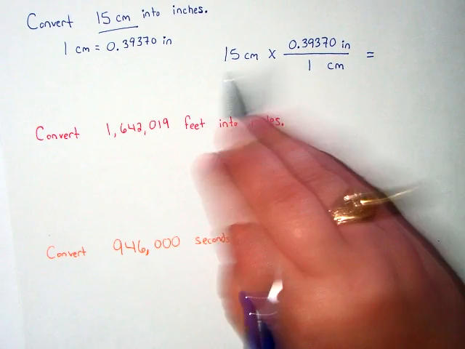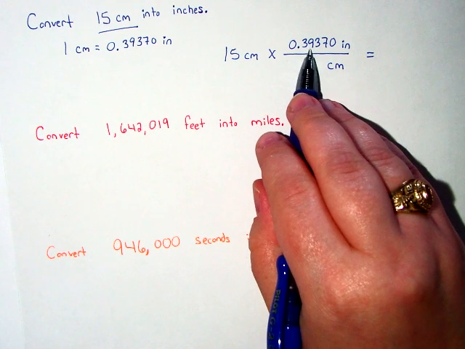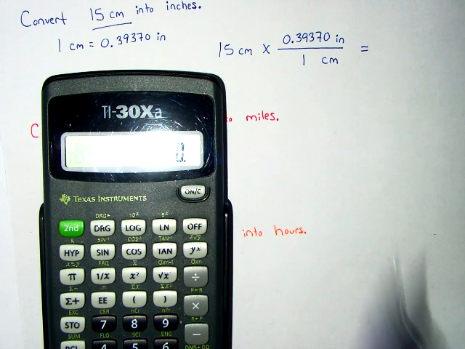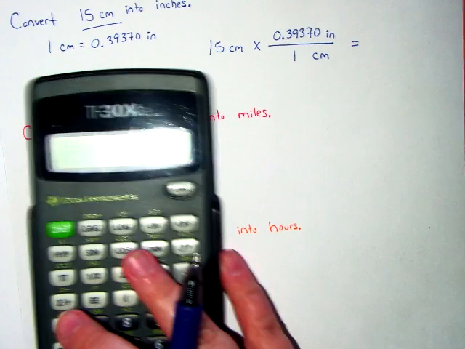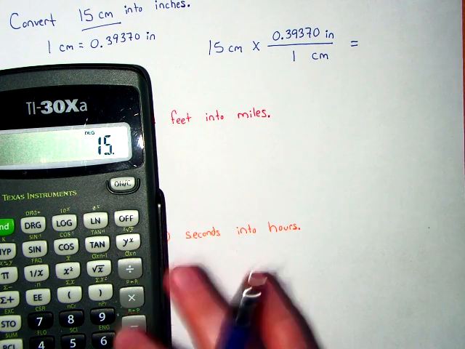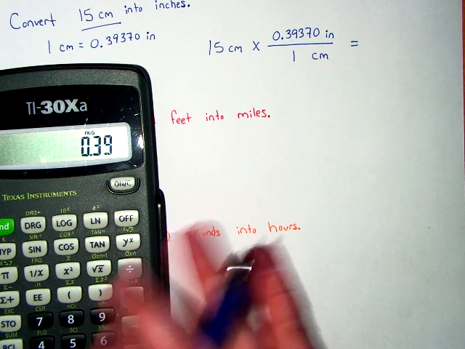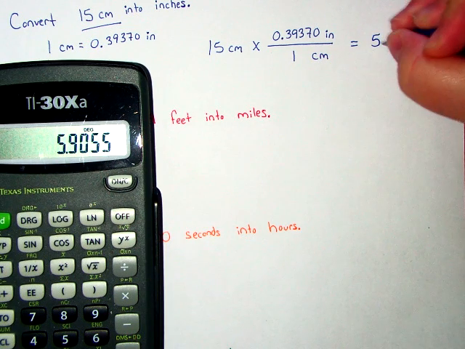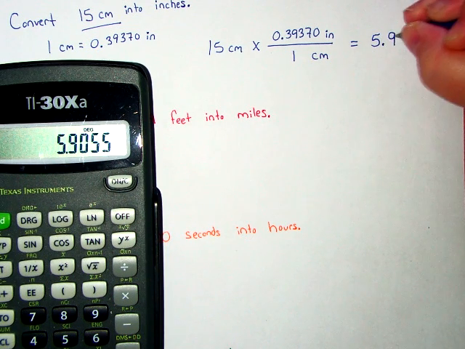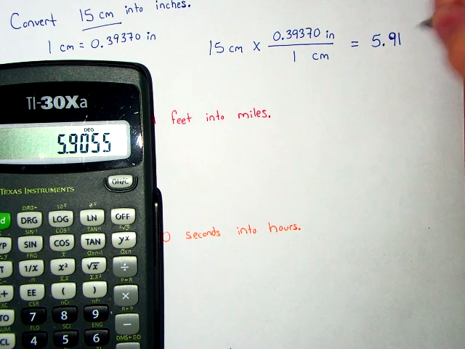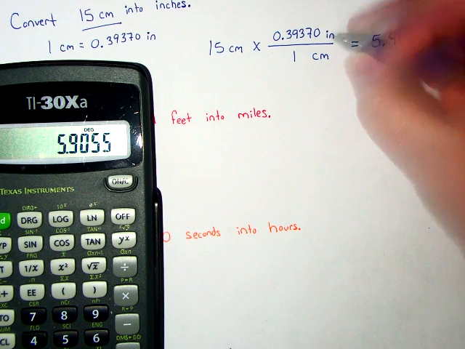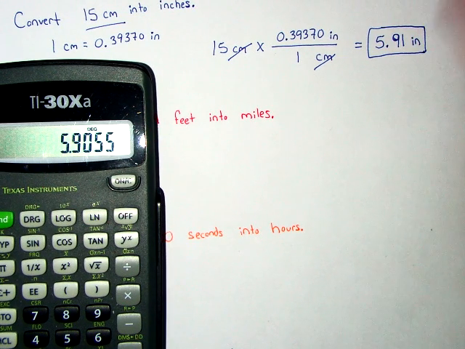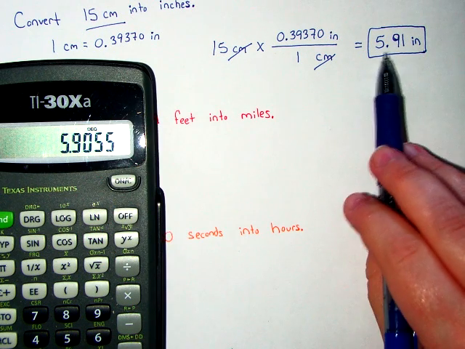Solve: 15 times 0.39370 divided by 1 is 5.9, and let's just round it off to 2 decimal places here, 5.91 inches. So I can say that 15 centimeters is equal to approximately 5.91 inches.